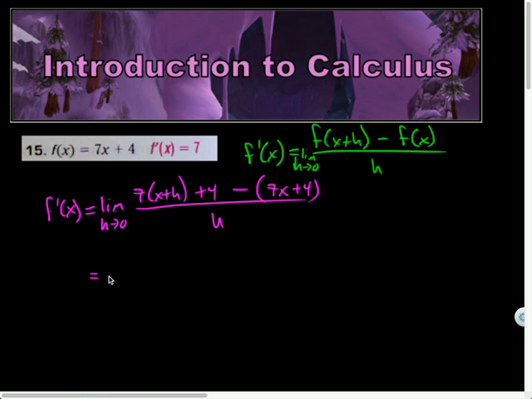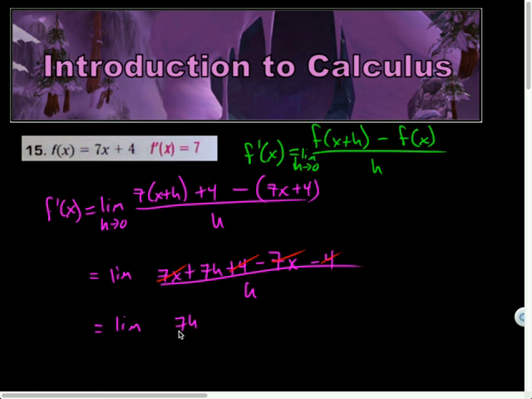Now let's simplify: the limit of 7x plus 7h plus 4 minus 7x minus 4 when you distribute, all over h. Then the 7x and minus 7x, and 4 and negative 4 cancel out, and I get the limit of 7h over h.